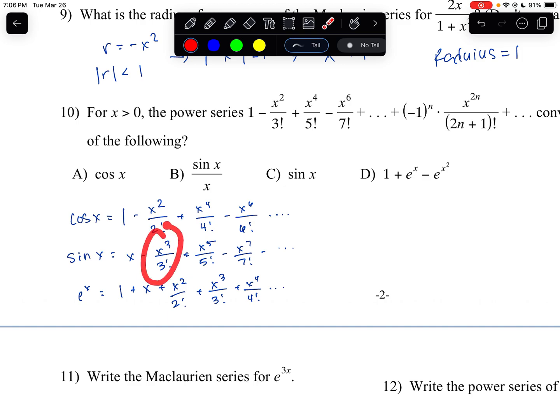It's called a series expansion. You decrease the power here, which makes this 2, which makes this 4, which makes this 6 over 7 factorial, and so on. And there you go. This has to be sine of x divided by x.